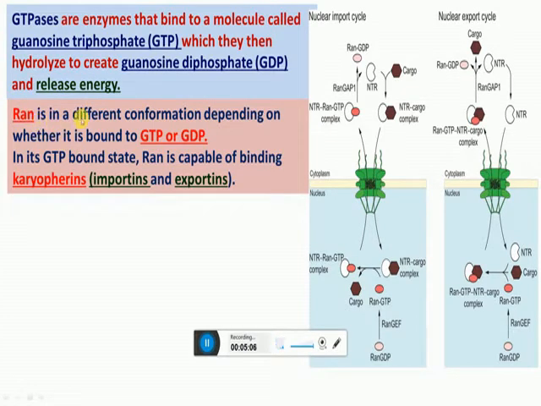RAN has a different conformation depending on whether it is bound to GTP or GDP. In its GTP-bound state, RAN is capable of binding the karyopherins.